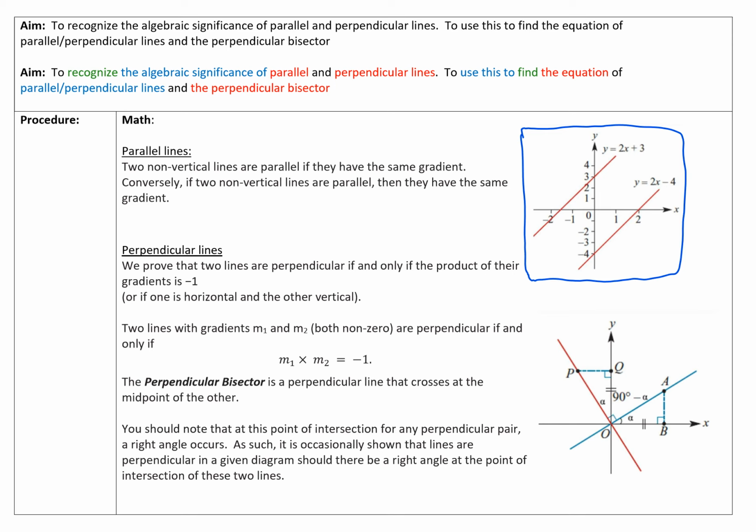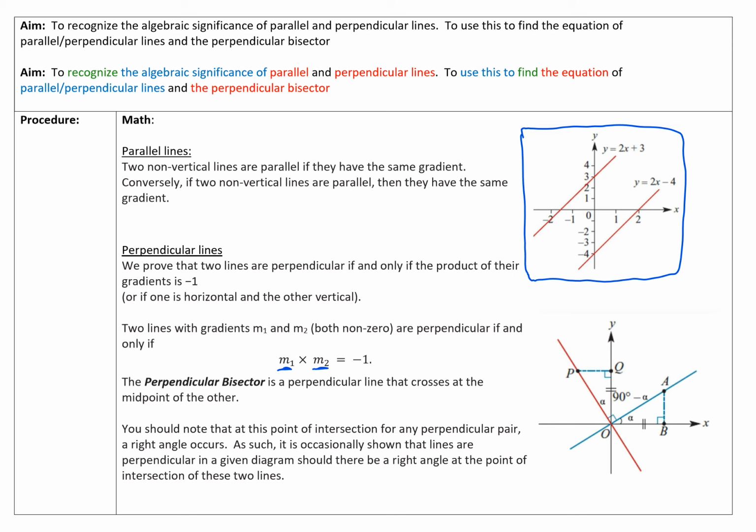Perpendicular lines are lines that don't just cross each other, but in fact cross each other at a right angle, as we can see there. So perpendicular lines are lines that basically have the opposite gradient. Formally, that means that m1, the gradient of the first line, times m2, the gradient of the second line, should be -1.